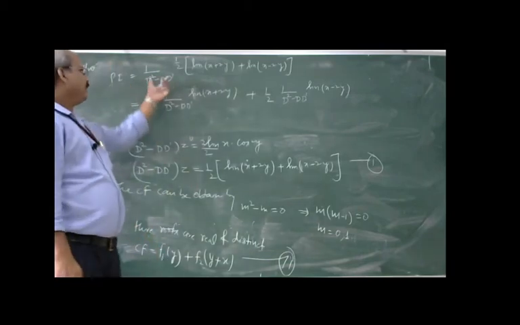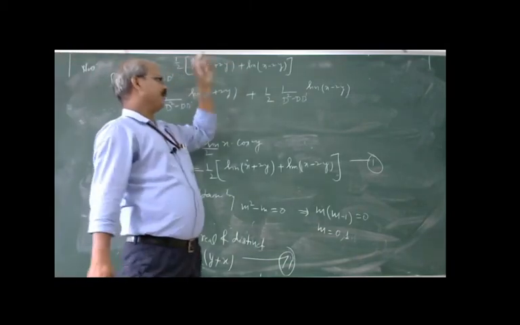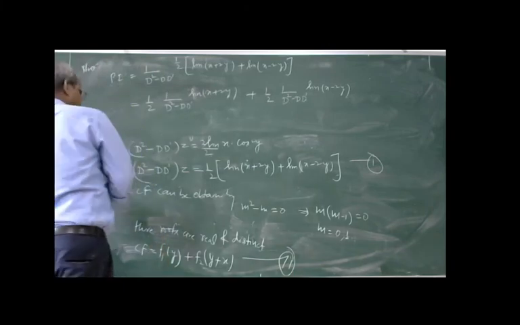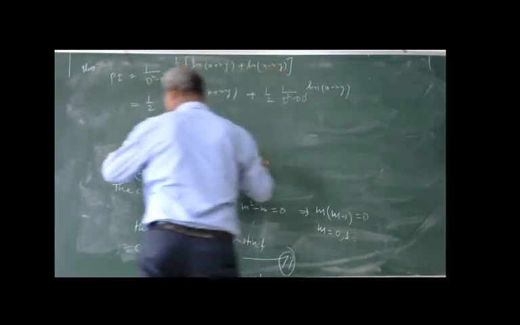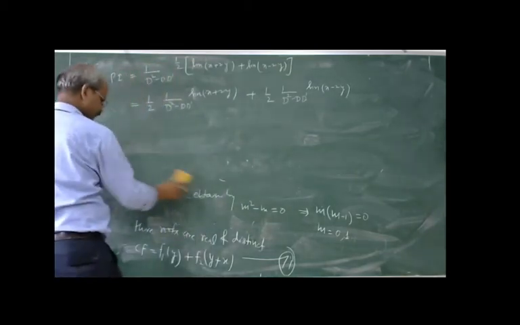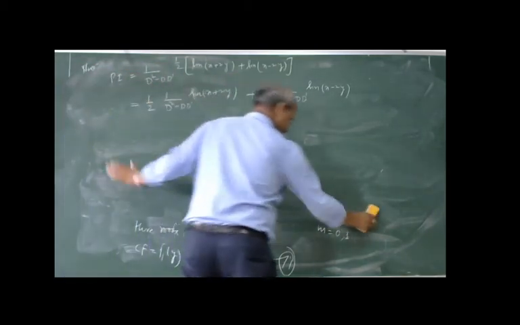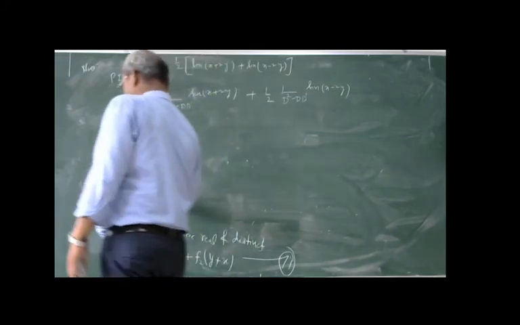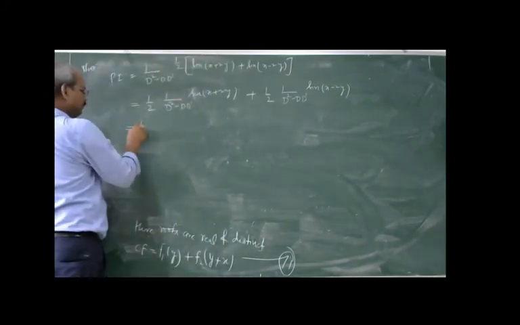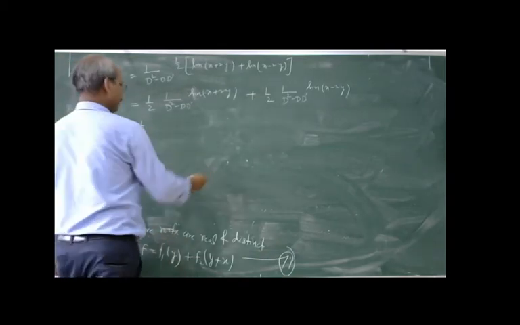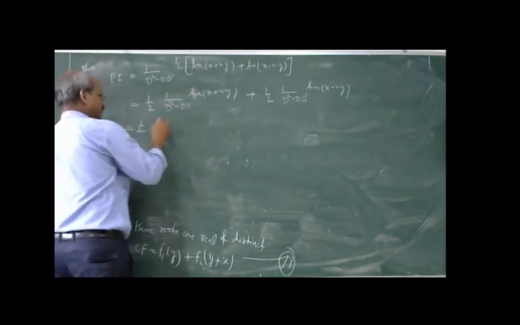Okay students, we have distributed this. So from here, 1 by 2, and you have just learned that D square is replaced by minus a square.